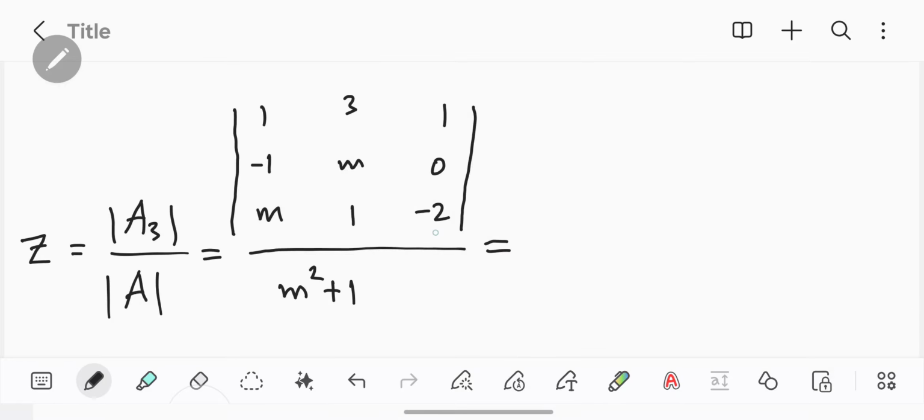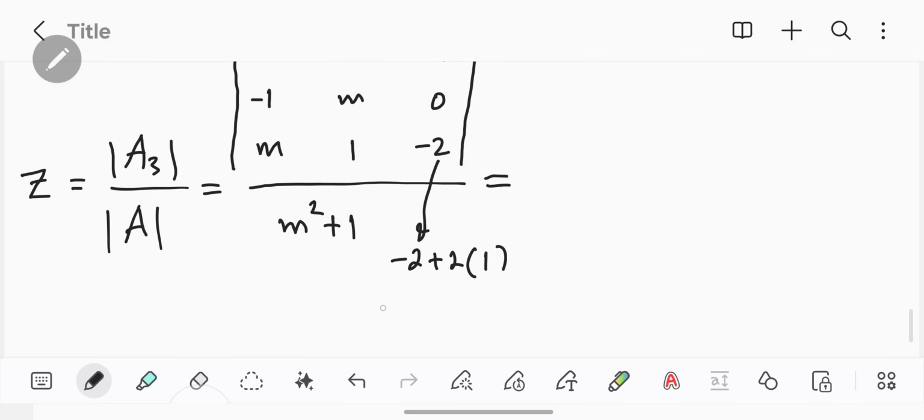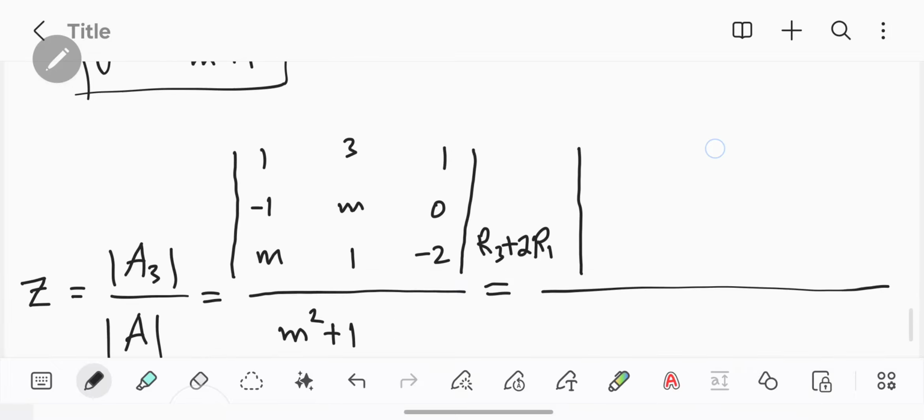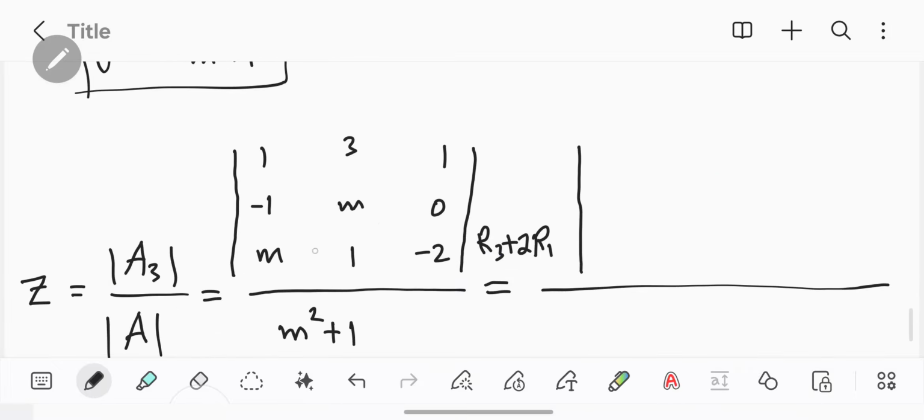So I will make here 0 also to expand the determinant. Still, how can I make 0 here? I will write minus 2 plus 2 times 1, which is R3 plus 2 times R1. So still I will perform the same operation. So first of all, I will write the last row where we have to make changes.